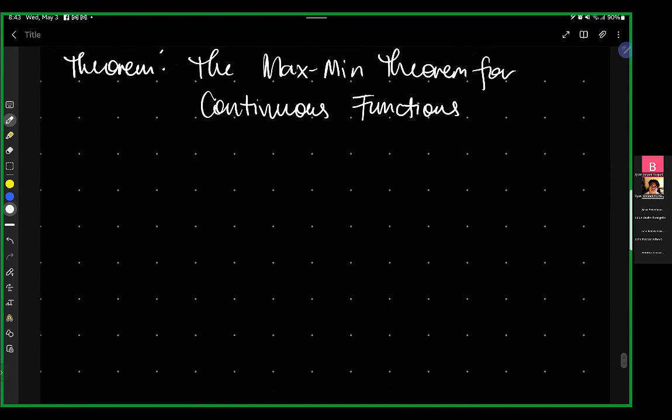Okay, so what does the max-min theorem stand for? What does it give?